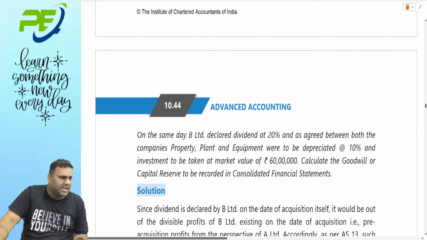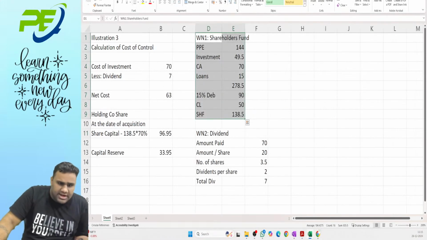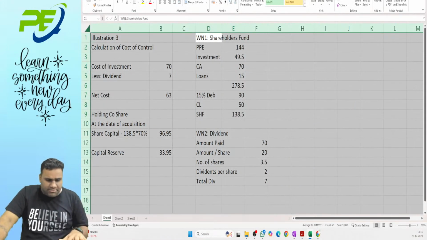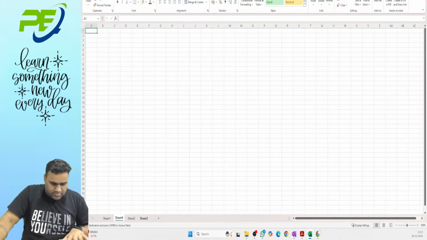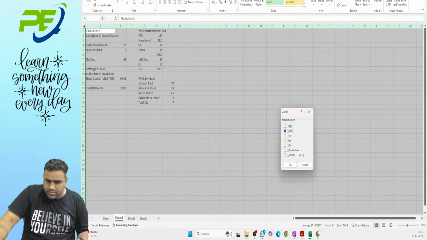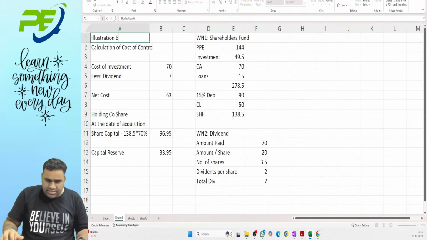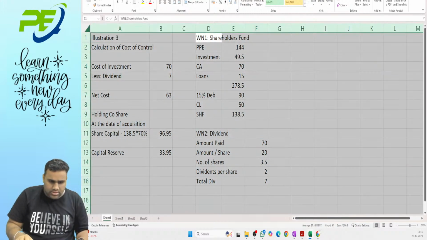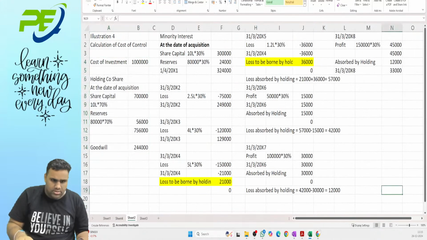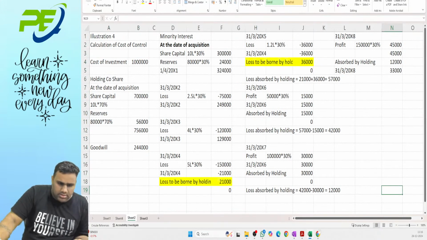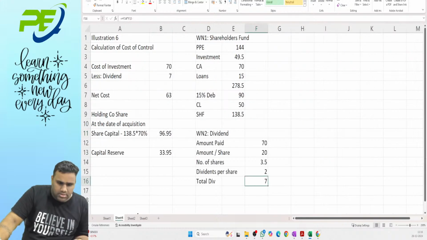Calculate goodwill or capital reserve to be recorded in consolidated financial statements. Can I begin? Again, simple and easy. Very similar to the third illustration. So this is illustration number 6.